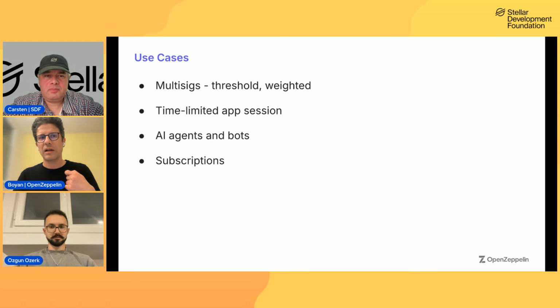You can add, for example, the keys for an AI agent or bot as a context rule and allow it to spend some limited amount of your assets, so it can trade, for example, and you don't risk getting wrecked. Or you can subscribe for some services.